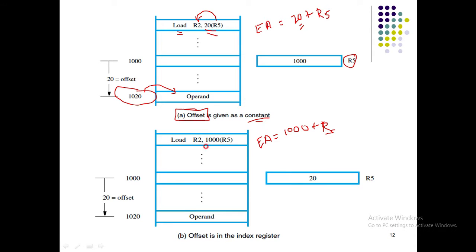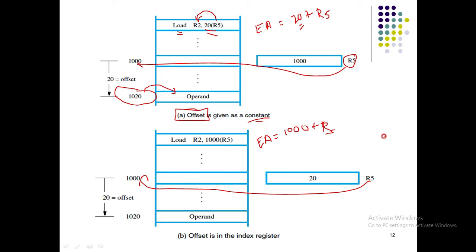Where is R5? R5 is again at the same memory location, the 1000 memory location. See, observe here, R5 is in the 1000 memory location.